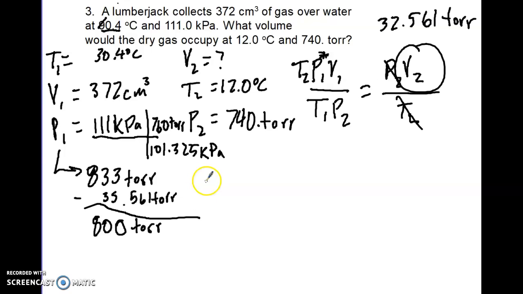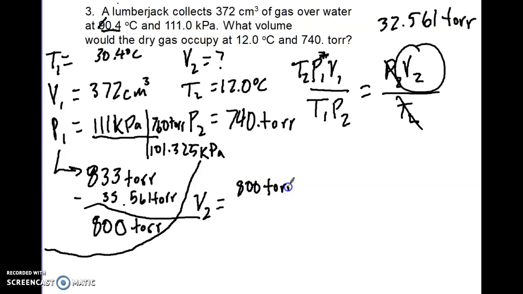Okay, so now we can plug all this in here. V2 is equal to P1, 800 torr, minus the added water vapor pressure, times T2, which we'd have to convert to Kelvin, 273.2 added, so that would be 285.2 Kelvin, right?